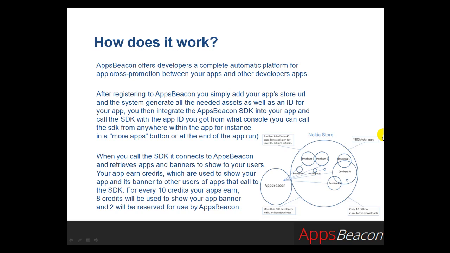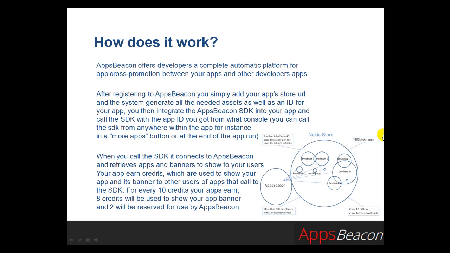And then you download our SDK from the site, and you call the SDK with your app ID that you received from the console. It's up to you from where you call that SDK in your code or in your app lifetime. You can have a more apps button. You can do it at the end of the run of the app when you know your user is about to leave, or when a user passes a level in your game.